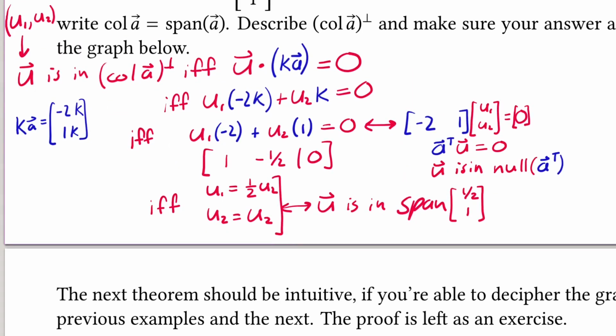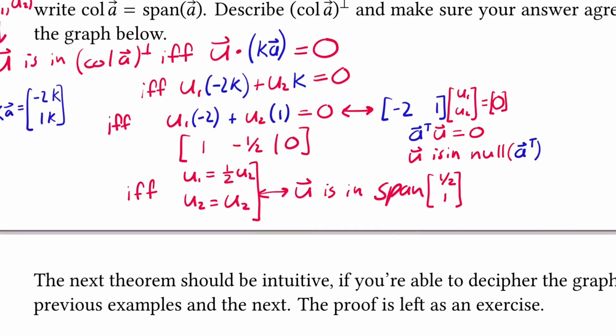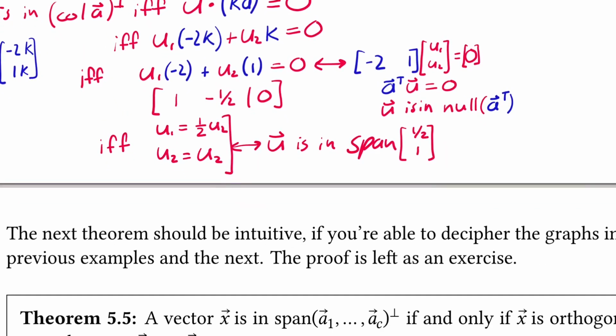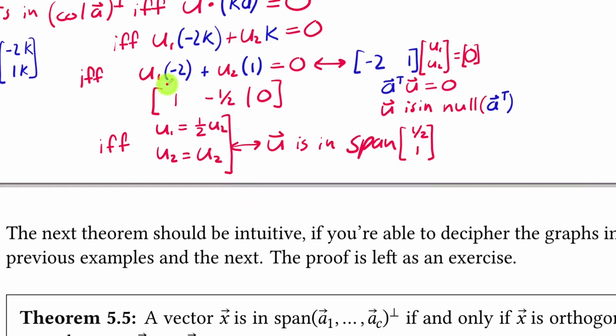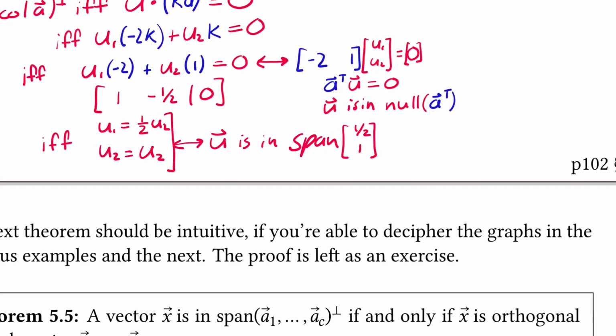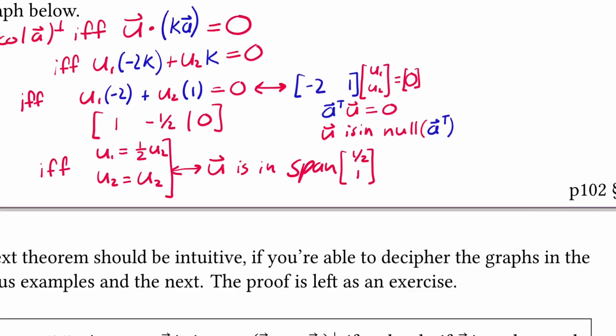In other words, u is in the orthogonal complement of the column space of A if and only if it's perpendicular to every scalar multiple of A, and you can basically just cancel out the k's in this equation, and you get this nice homogeneous equation here, which you can solve for the basic variables in terms of the free variables, and you can write any of these u vectors as a scalar multiple of (1/2, 1).